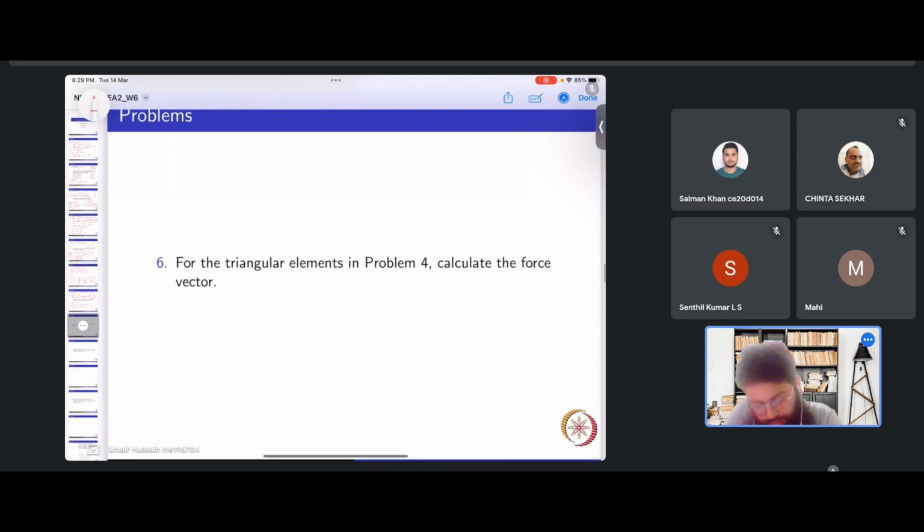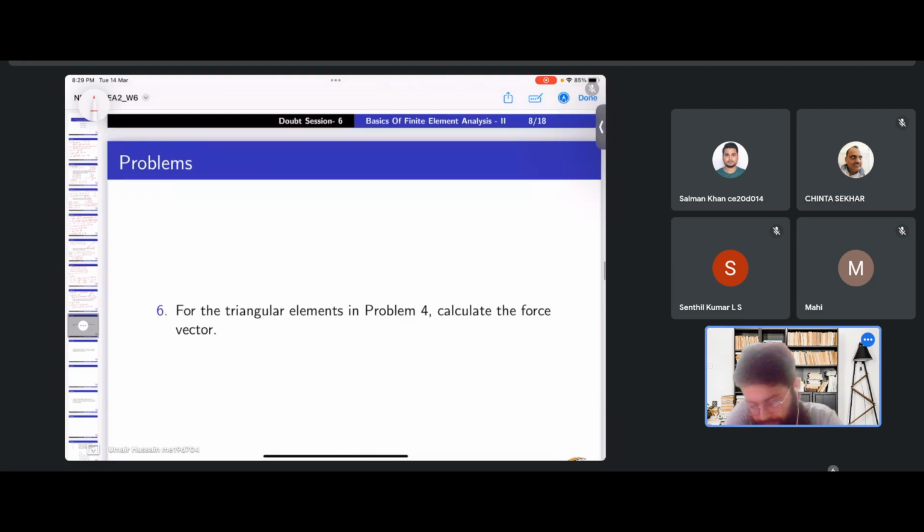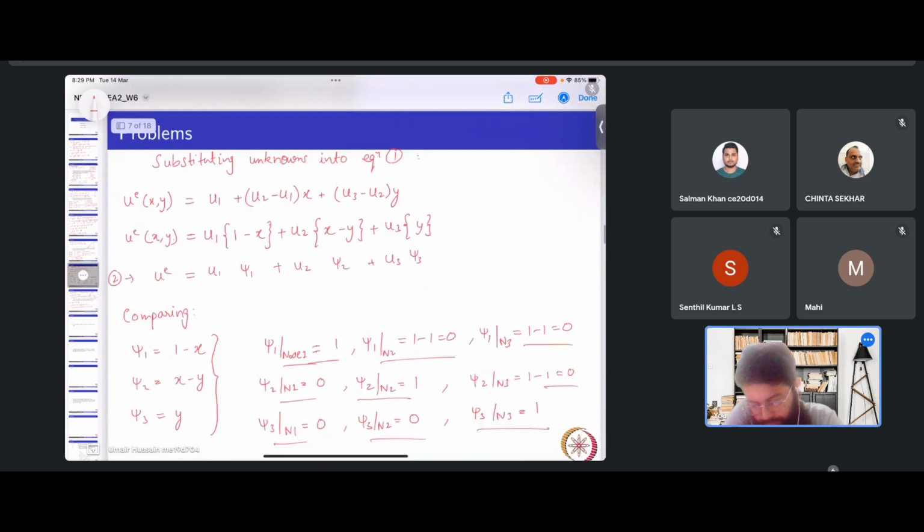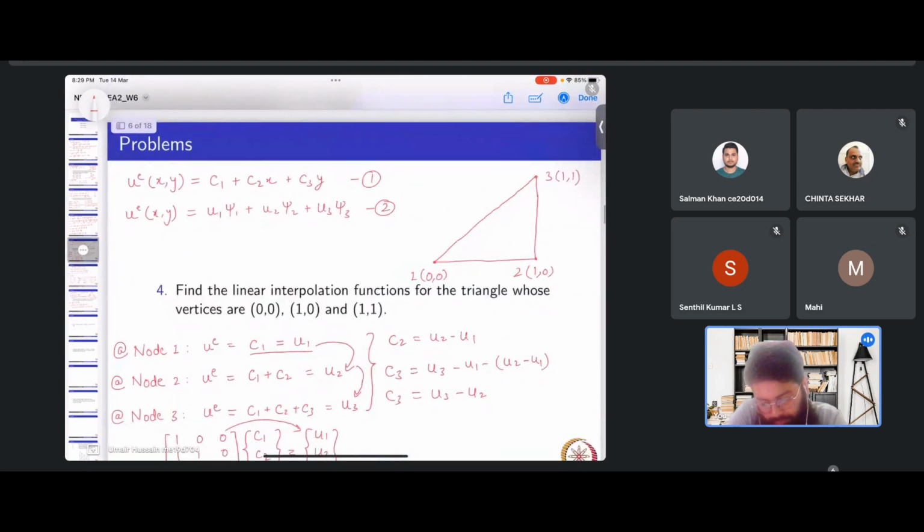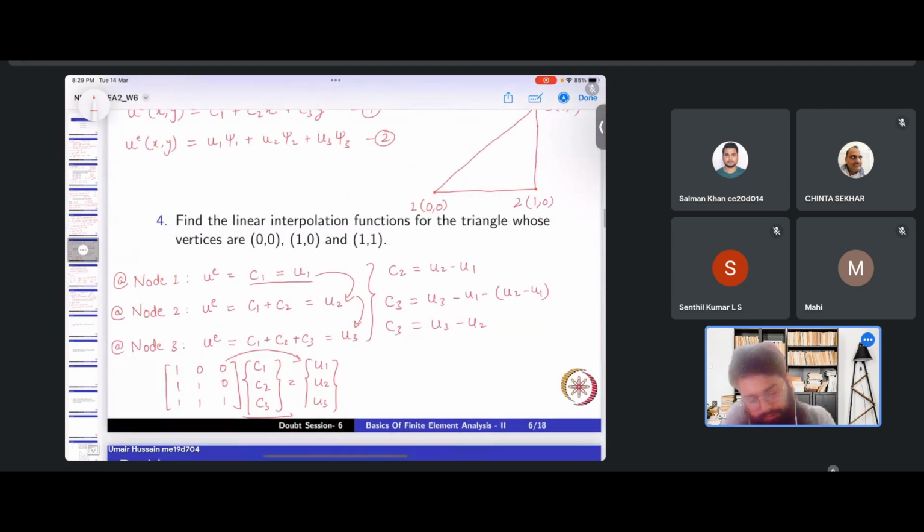Okay, so for the triangular elements in problem 4, calculate the force vector. So, problem 4 we have this triangular element.